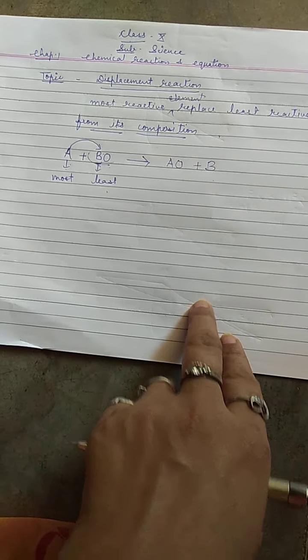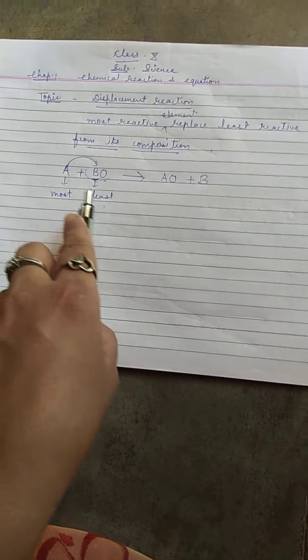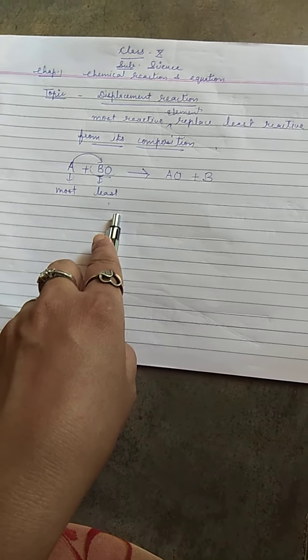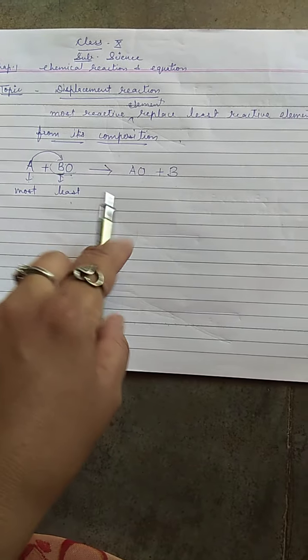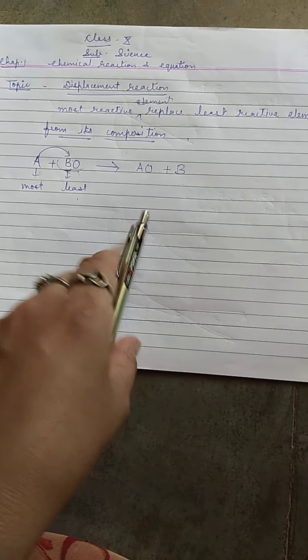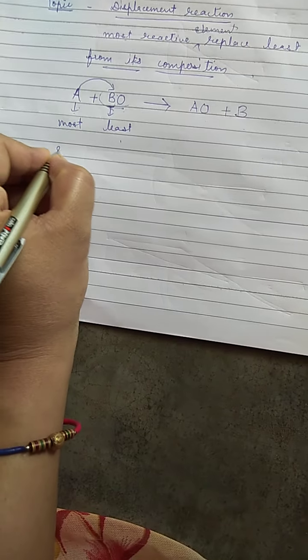But how do we identify which one is the most reactive and which one is the least reactive? So before I explain displacement reaction in detail, I told you about the reactivity series.